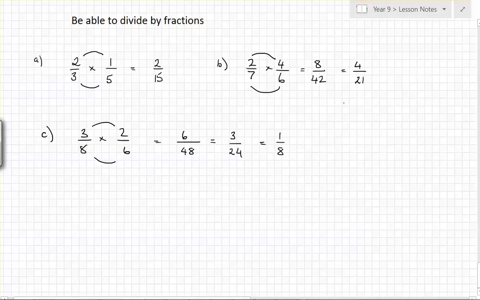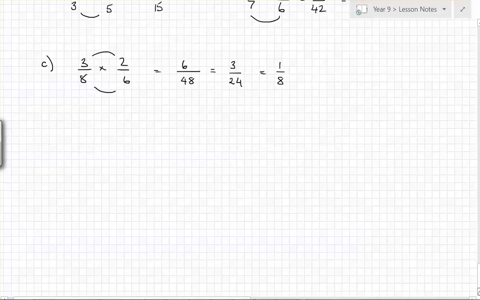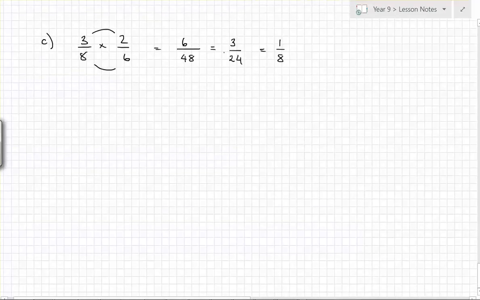Now I'm going to look at this one again. The answer simplifies quite a lot, and we had to simplify afterwards. There is a way of simplifying the question before we do it. So I'm just going to rewrite it. It's 3/8 times 2/6.